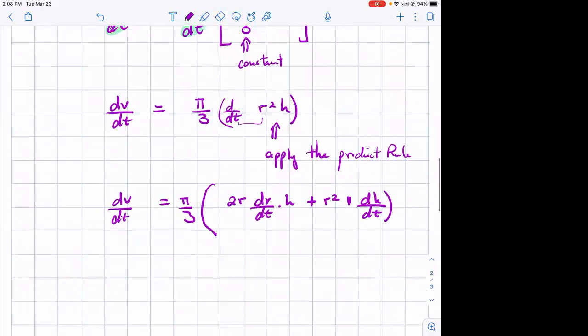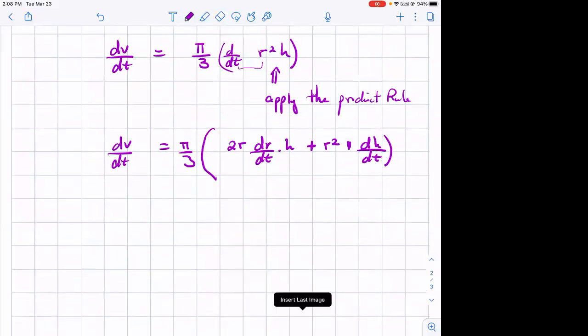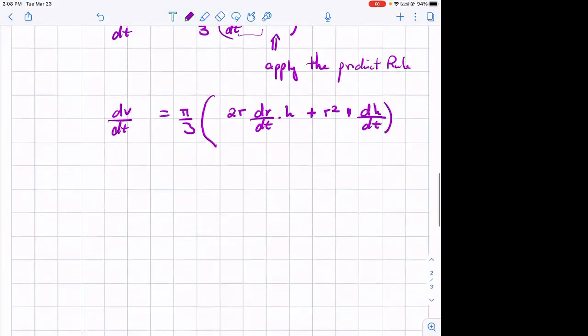Okay, and I believe last class when we talked about this, I had left out, I think, the h or the 2, I don't remember. So here we have dV/dt equals pi over 3 times 2r h dr/dt plus r squared dh/dt.